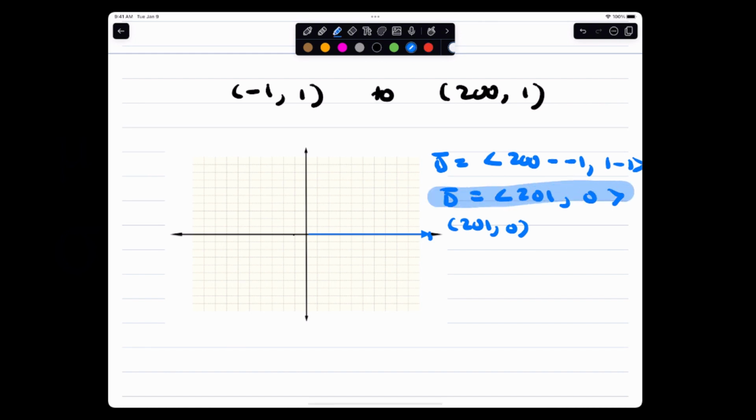Okay, now, do you guys remember what the force vector was? I guess I put it in green.